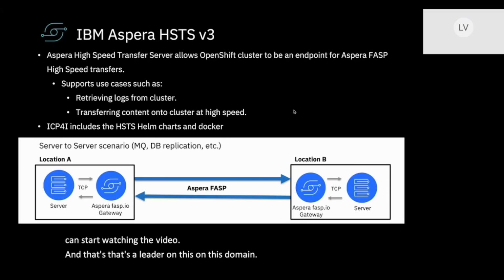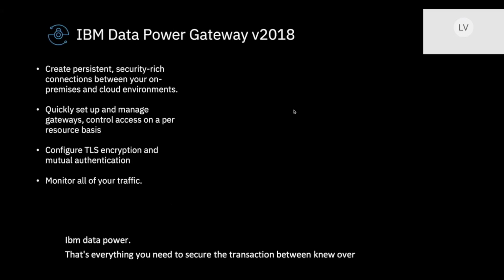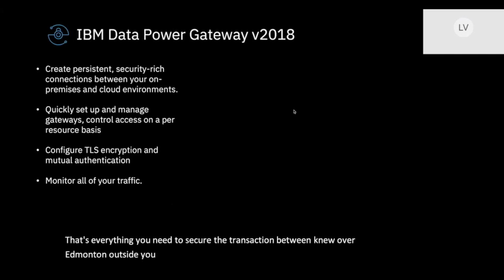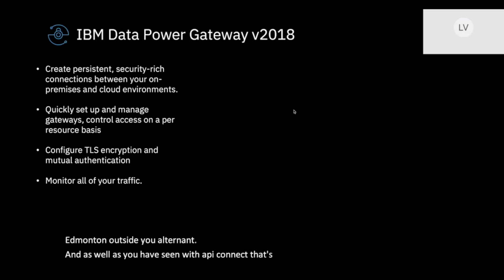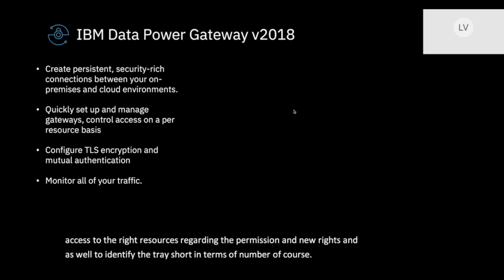And the final one is IBM DataPower. That's everything you need to secure the transaction between your environment and outside your environment. And as you have seen with API Connect, that's a way to give you access to the right resources regarding the permission and your rights, and as well to identify the threshold in terms of number of calls you can make for specific resources.